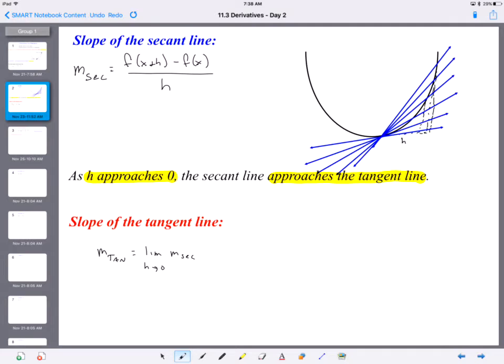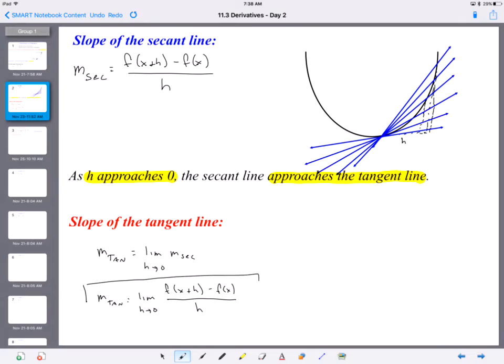Alright, so as that h value gets closer and closer and closer, what do we have? Well, we have the slope of the tangent line is equal to the limit as h approaches 0 of the slope of the secant line, which is f of x plus h minus f of x all over h.